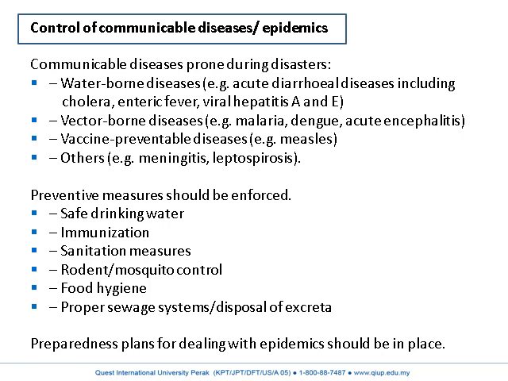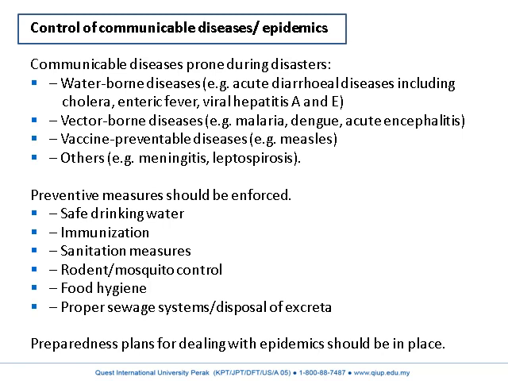Rodent control means using chemicals to kill and remove rodents. Food hygiene should be maintained, with a proper sewage system and disposal of excreta. At the time of disaster, there should be safe sanitation facilities like disposable and movable toilets, without causing environmental pollution.